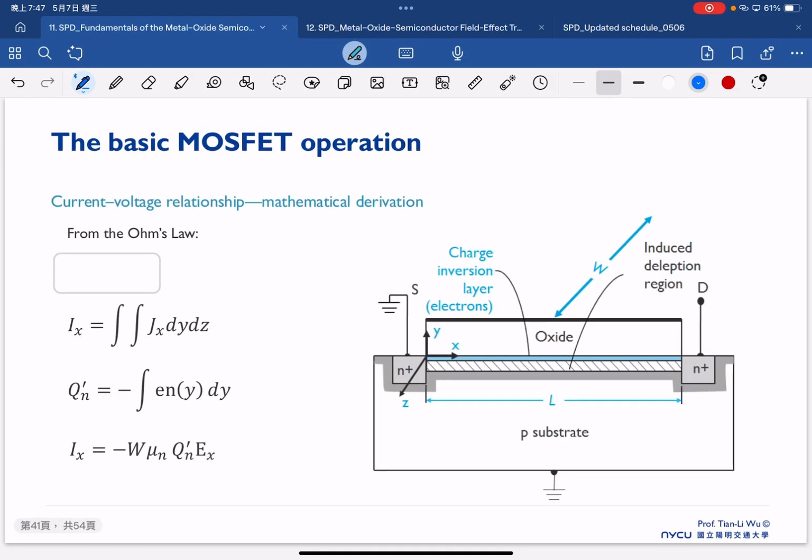First of all, we start from the general Ohm's law, where our current density Jx is equal to Ex times sigma. And from this schematic, we can see we have W and L, where W is the channel width and L is the channel length.